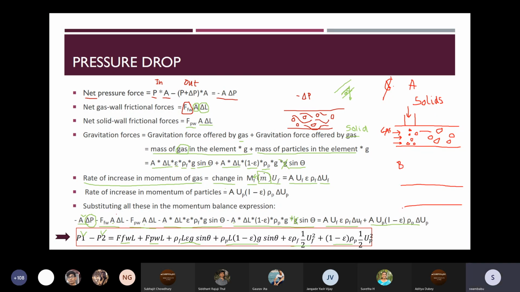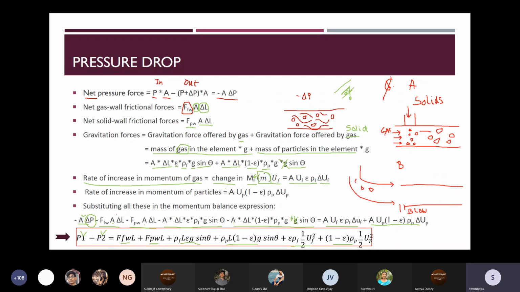I have a blower here. This is connected to a blower. I need to blow the gas. Actually, the particles are coming from somewhere. The fluid particle suspension is coming from somewhere.